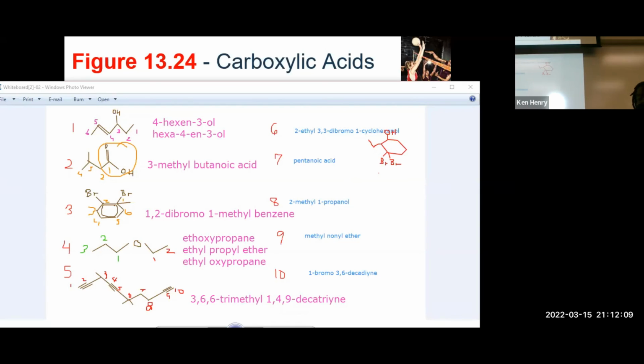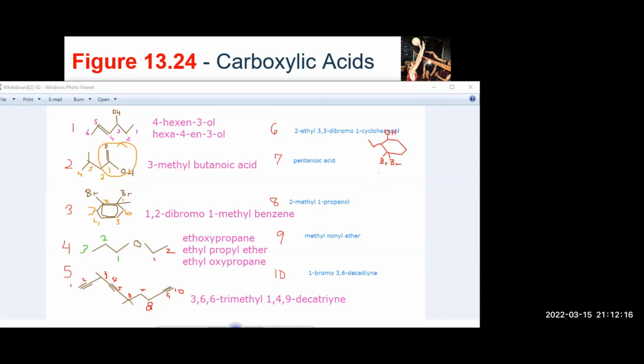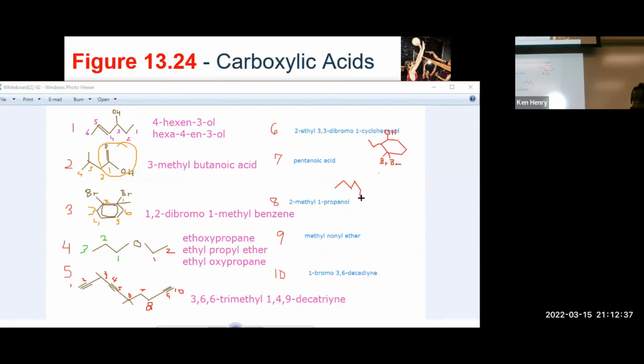Okay, so pentanoic acid. Penta, 5. And then we know on that carbon there should be a double bond with oxygen.